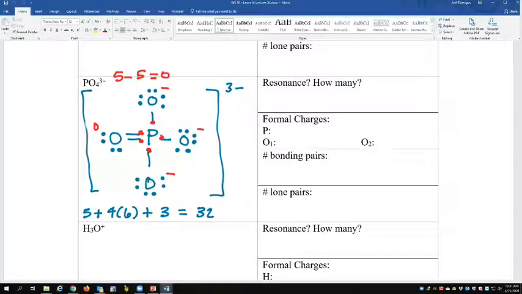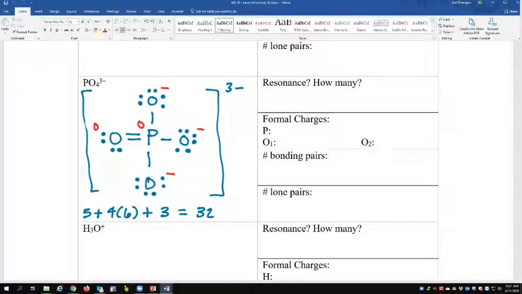So that's 0. So that's better. So these guys each have a -1 formal charge, but now these two are both 0. So we're looking for lowest overall formal charges.